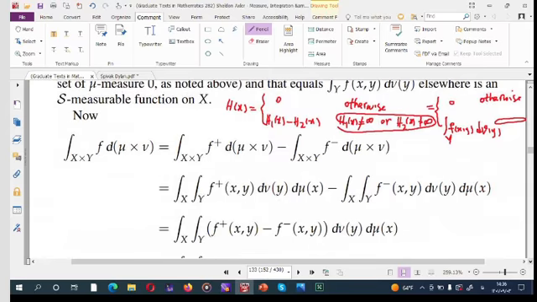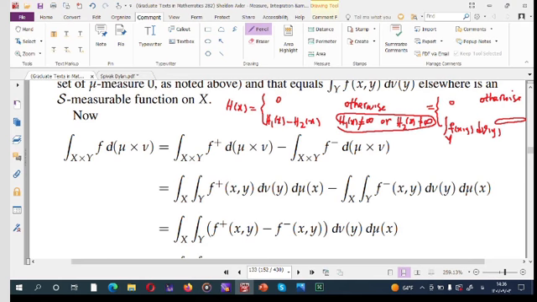Now we see that the integral of f on this product space with respect to this product measure equals the subtraction of these two integrals.